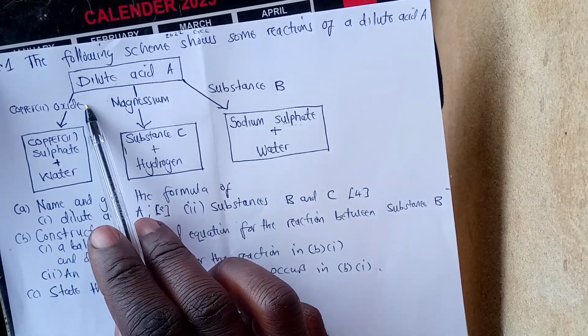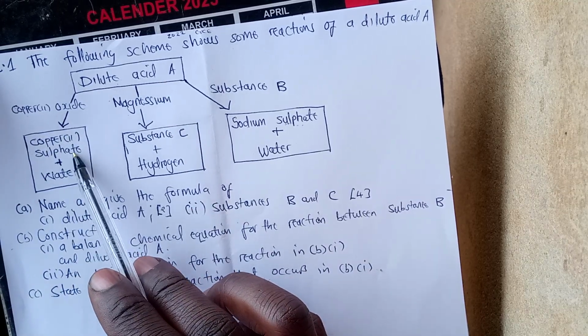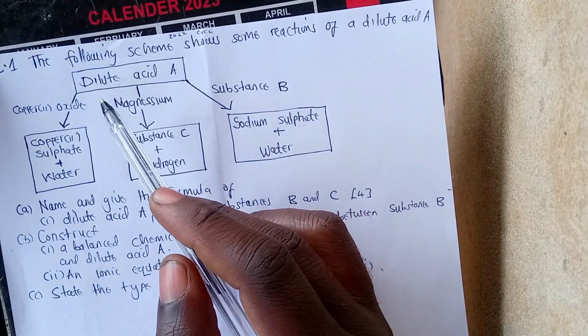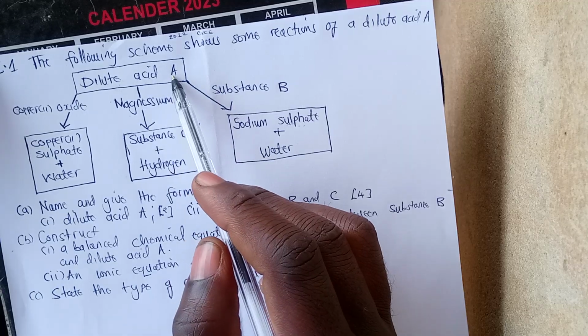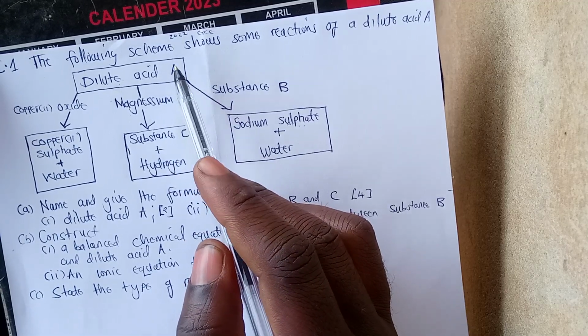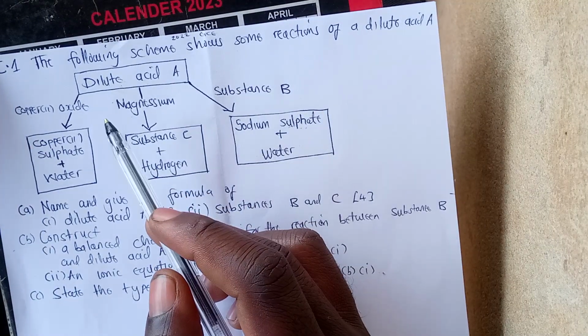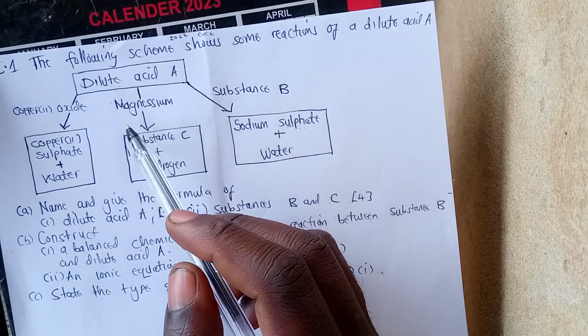From copper 2 oxide plus an acid, we have copper 2 sulfate. So what does this entail? This is telling us that acid A is an acid which is formed from a sulfate radical.